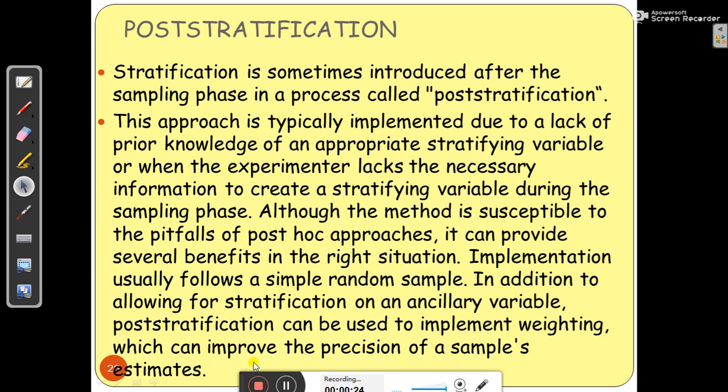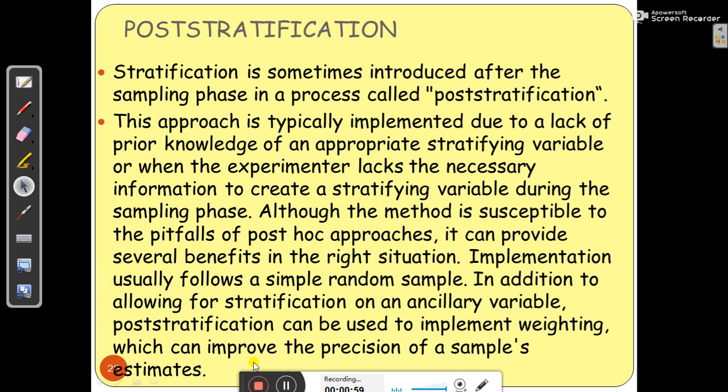Stratification is sometimes introduced after the sampling phase in a process called post stratification. So what is this approach? This approach is typically implemented due to a lack of prior knowledge of an appropriate stratifying variable, or when the experimenter lacks the necessary information to create a stratifying variable during the sampling phase.